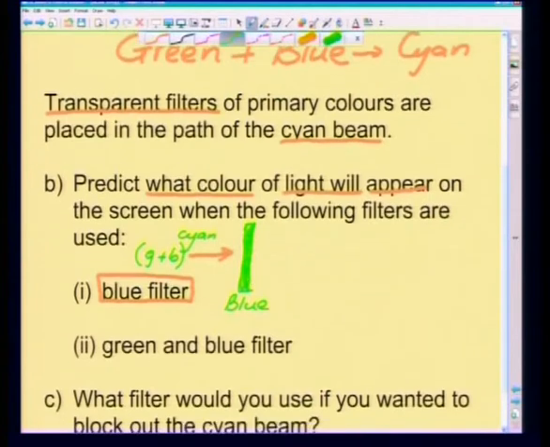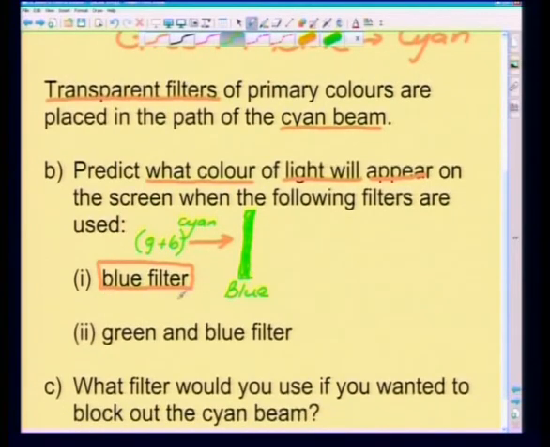Now, the question wants us to find out, when you have this blue filter here, let's predict what color we are going to see on the screen somewhere there. So there's a screen there where that light is shining. So here we have green and blue inside this cyan going in. So it's G for green, and B for blue. These two form our cyan.